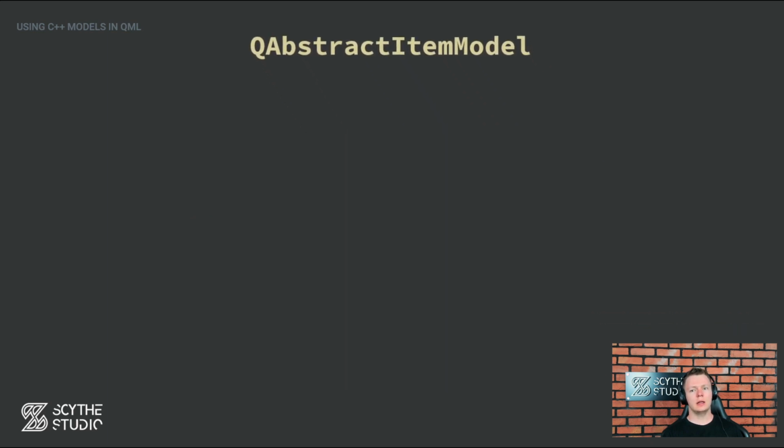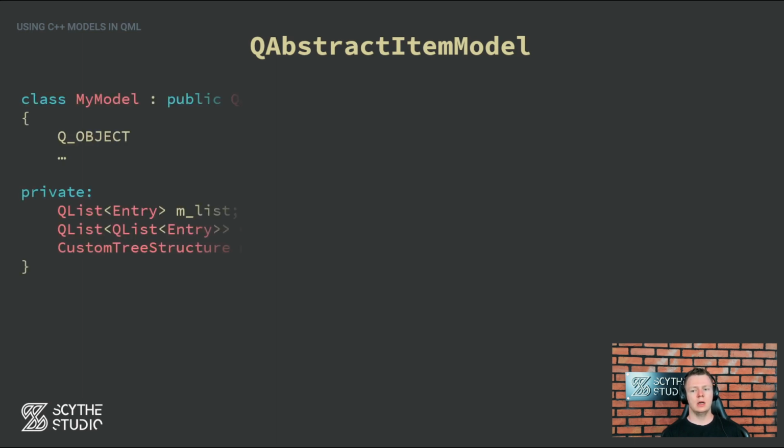QAbstractItemModel is an abstract class in Qt that provides a standardized interface for working with structured data. By implementing a custom subclass of QAbstractItemModel, developers can expose a list of data records, as well as complex hierarchical data structures like lists, tables, and trees.